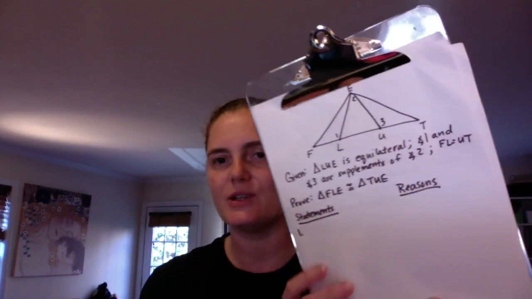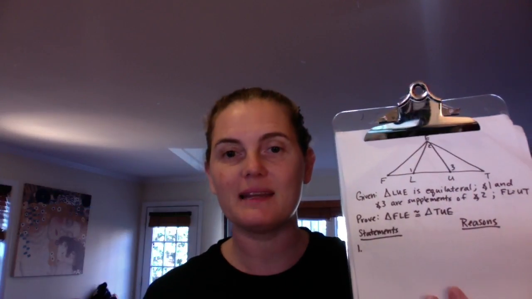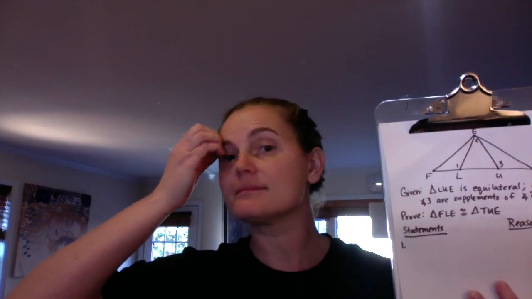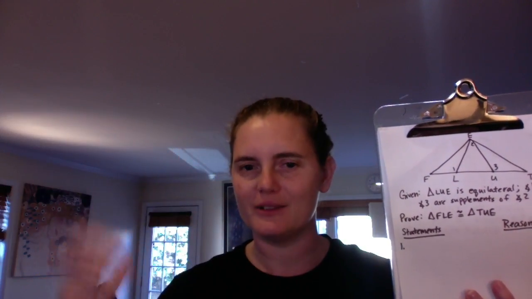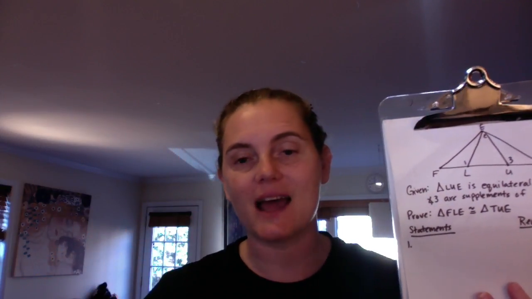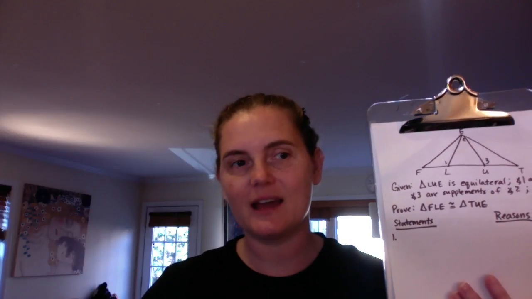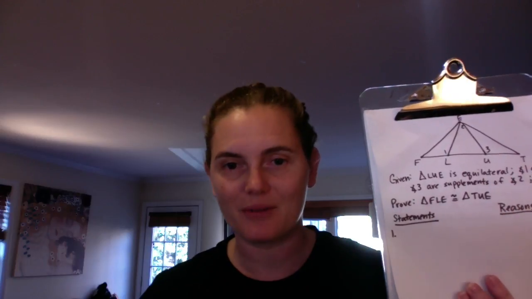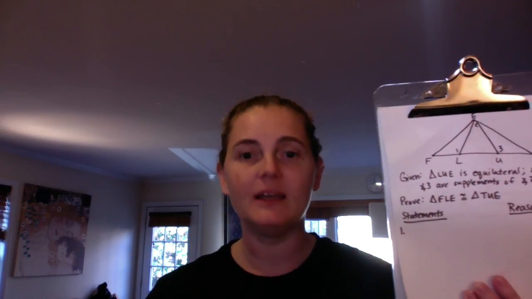Now, at this point, you have two different means of proving triangles congruent within your realm of knowledge. One of them is the side angle side postulate, and the other one is the angle side angle postulate. So we're going to have to use one of those to prove these two triangles congruent.